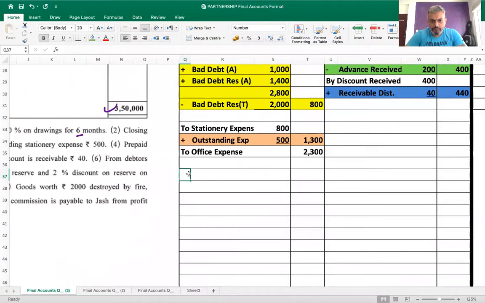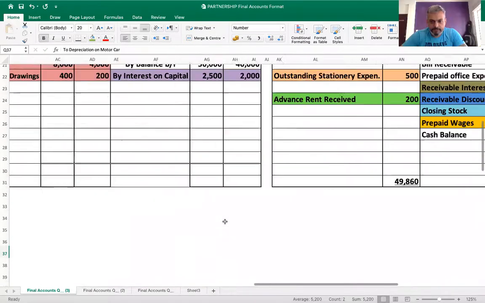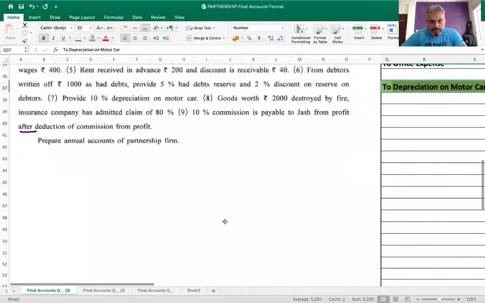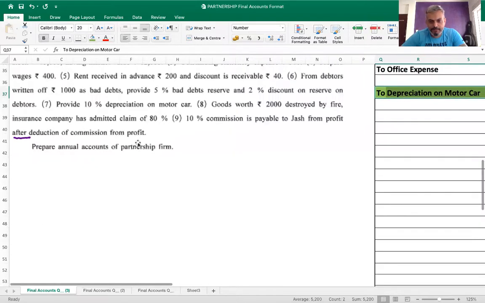Profit and loss account. Now, office expense के नीचे you write depreciation on motor car 5200. Next, goods worth 2000 destroyed by fire. An insurance company has admitted claim of 80%.